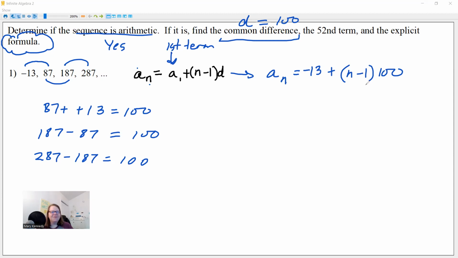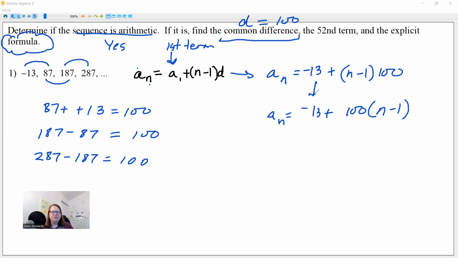We don't ever really see this written this way. Think about when you see distributive property, you almost always see it written 100 times n minus 1. You always see the number in the front, and that just makes more sense to us because we're used to seeing it that way. So I'm going to rearrange it to make this a little bit easier because it's not super easy.